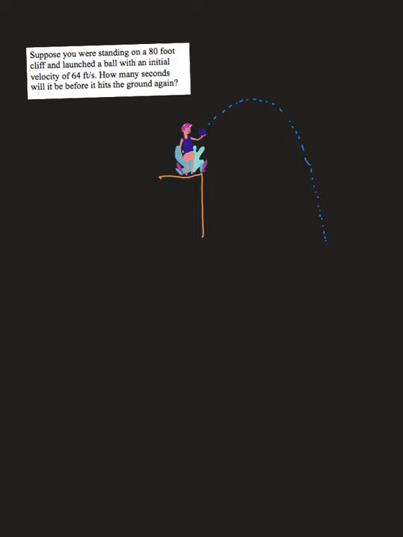So first thing is look here, and you guys can see it says foot there, and it says feet per second here. So we know that we're going to be dealing with the gravity in terms of feet, and we know that our gravity in terms of feet is 32 feet per second squared.